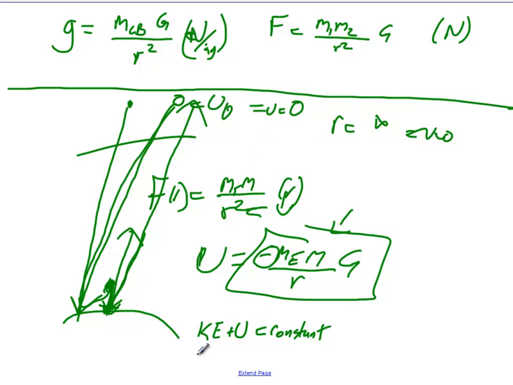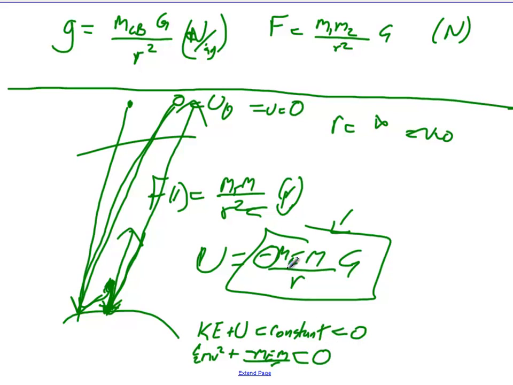And so what we're going to say is this constant is really 0, because we're going to say no kinetic energy, no potential energy. So we have the kinetic energy, one half m v squared, plus this negative G M m over r has to equal 0.